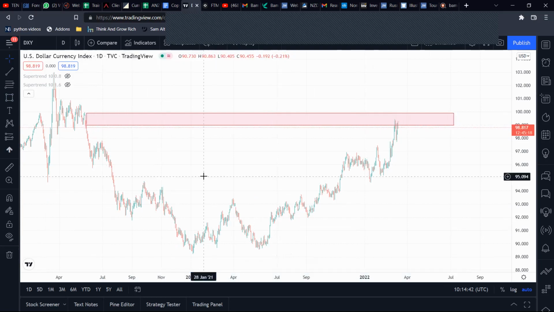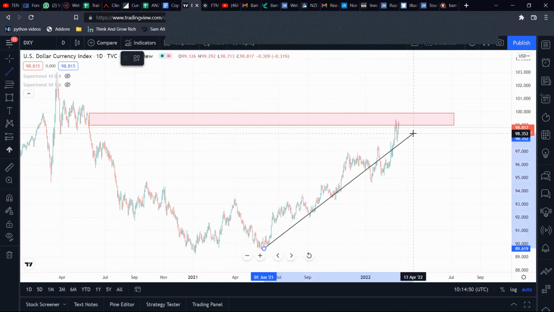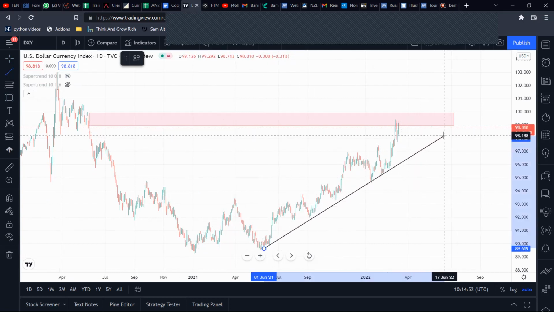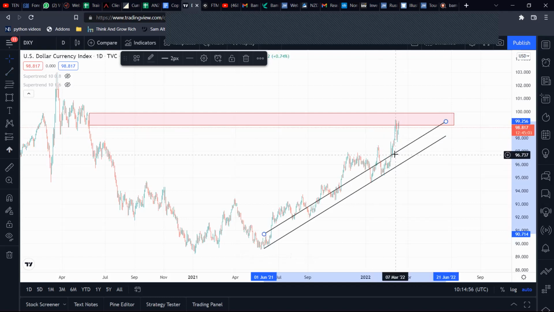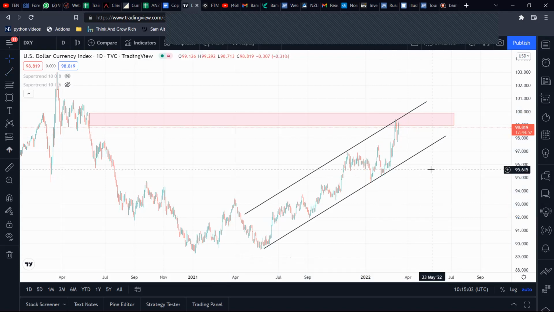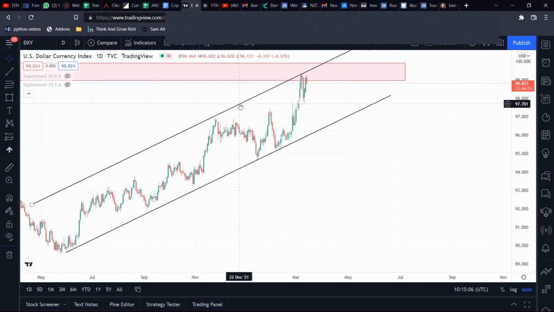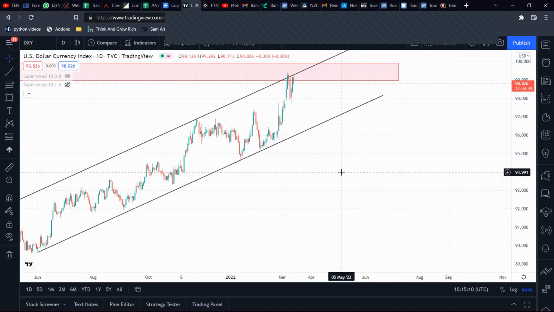We could find the price stall a bit here because that is a major supply zone or resistance level, however you would like to consider it. Also, the market is trading within this, not necessarily the clearest of channels, but from what we can see, the market is trading within this region, right?